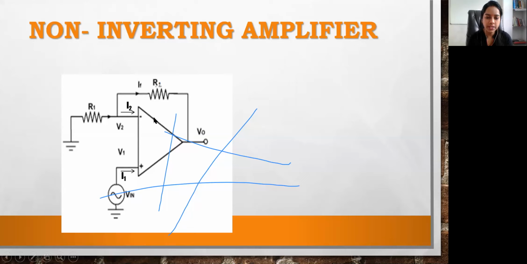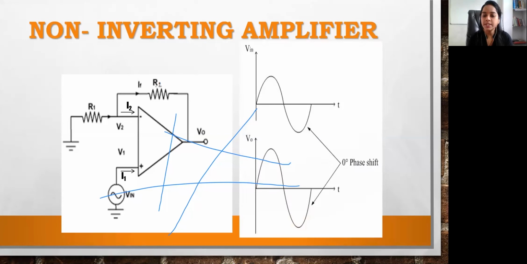And at this point we have connected R2 and R1, and at this point I2 is equal to 0, because this point is maintained at virtual ground.